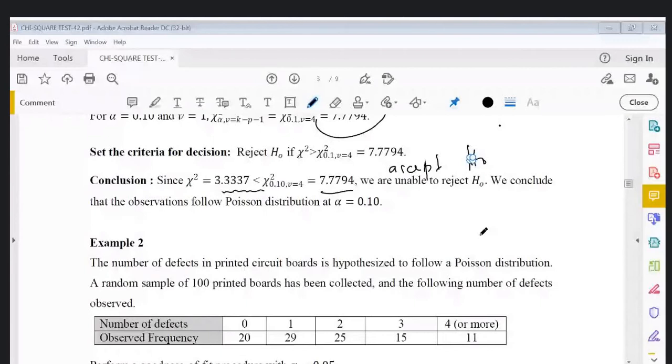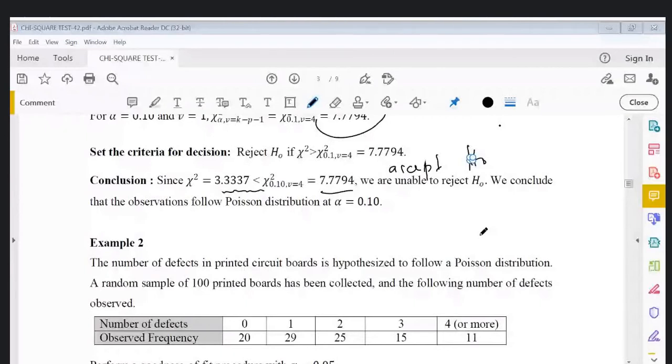A random sample of 100 has been collected, and the following number of defects is found. Zero defects occurred 20 times, one defect 29, two defects 25, three defects 15. Perform a goodness of fit test procedure.